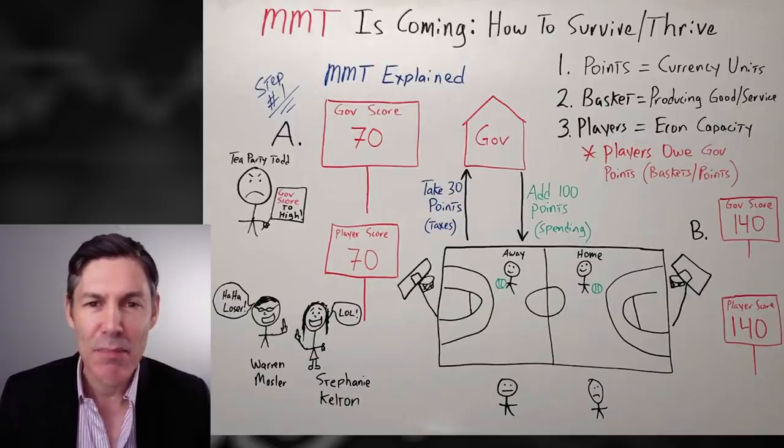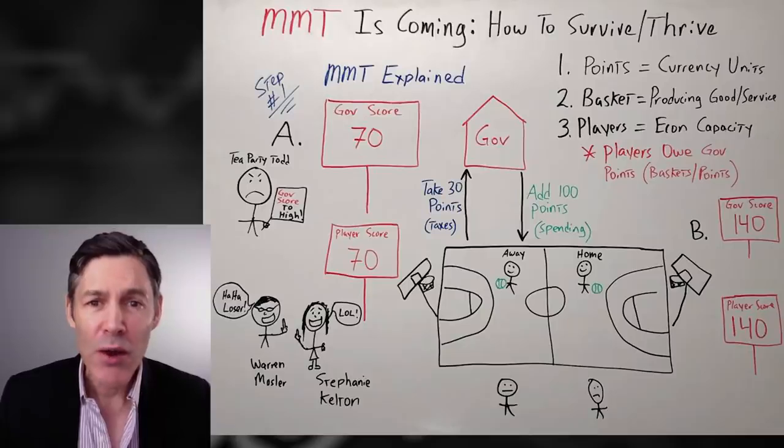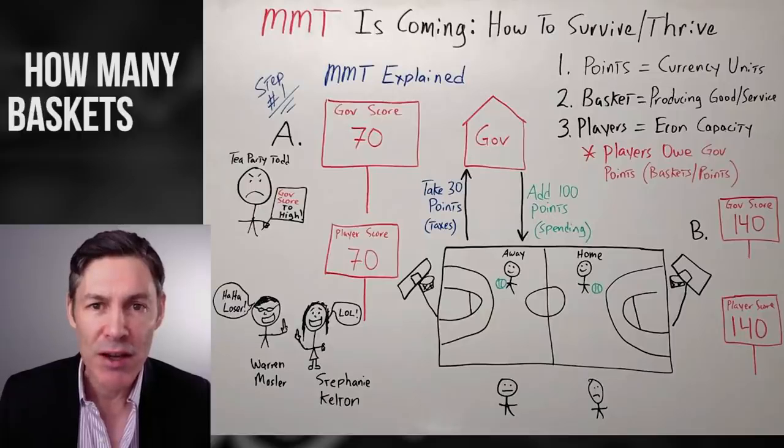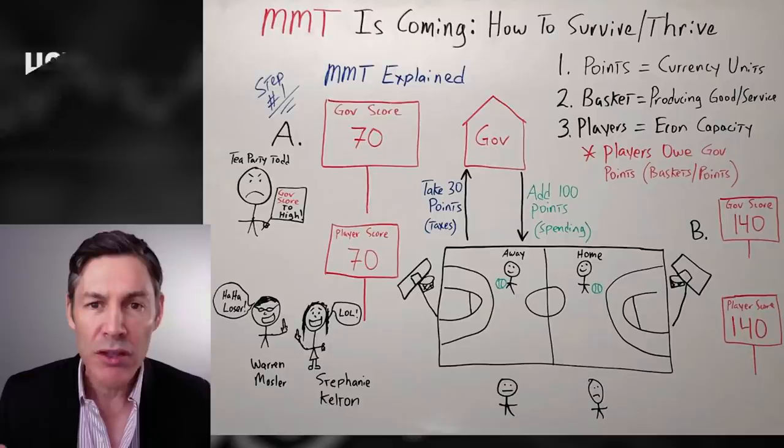Because they see this basketball game and they say, Todd, who cares what the government's score is? Does it matter if it's 70 or 140? The only thing we should be concerned with is how many baskets are being made, and we want the player's score to go as high as possible.